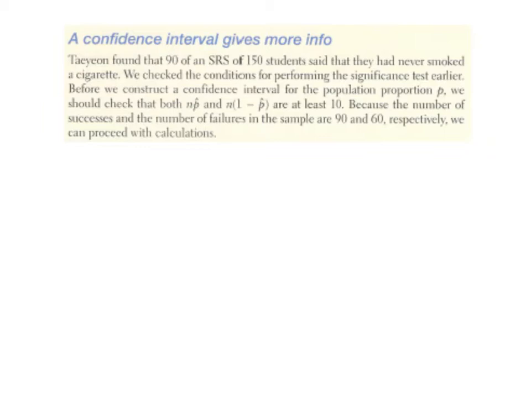However, we need to recheck our large count conditions, because when we're conducting our confidence interval, our large count conditions are based off of the samples. So this time I would have 150 times my sample proportions as opposed to my null hypothesis proportions.